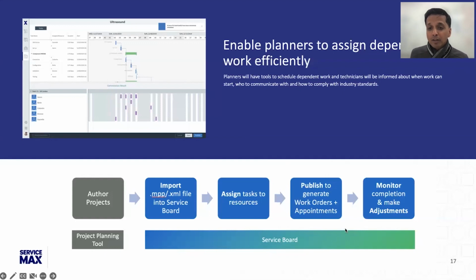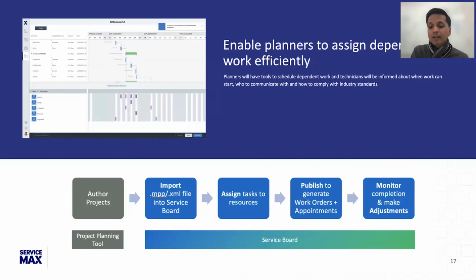You can then publish this so that it generates the work orders in ServiceMax directly, and the appointments that are tied to it. Once those are generated, there are inevitably changes with project schedules, so you want to be able to monitor the completion of work and make adjustments. You can do all of that with the project scheduling module.